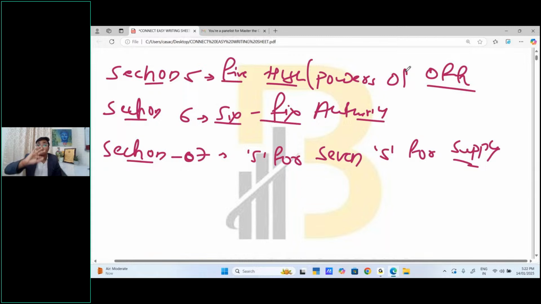Whenever there is a transfer of title, it will be treated as supply of goods, and whenever there is a transfer of right to use, it will be supply of services. We just need to remember this key point: right to use transfer is supply of services, title transfer is supply of goods.